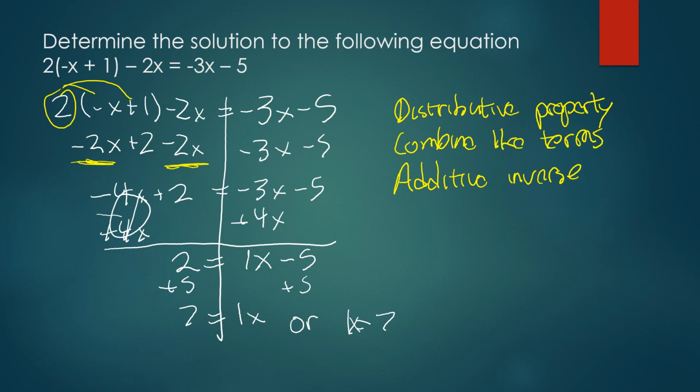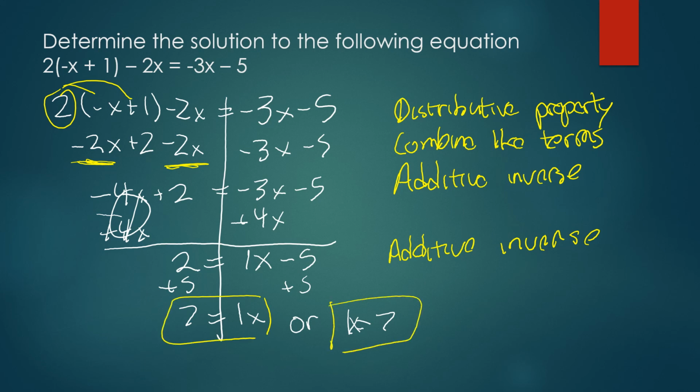Then again, on here I did the additive inverse to isolate the x. Now, there was no need to divide by 1 or do the multiplicative inverse because we already have 1x is equal to a number. So our solution is this right here, or 1x equals 7.